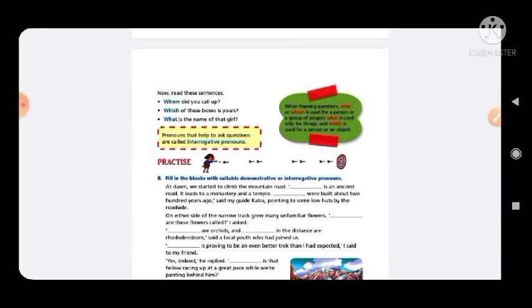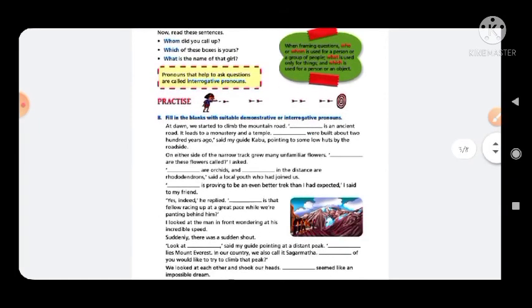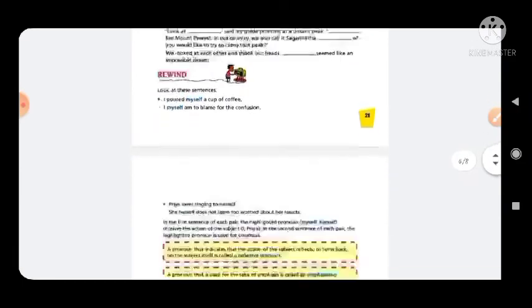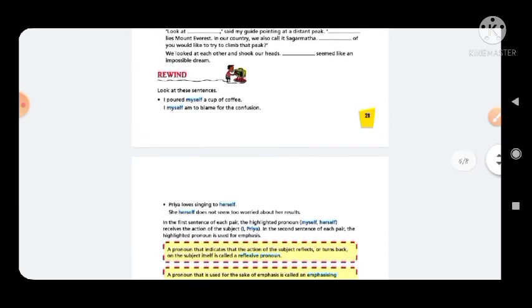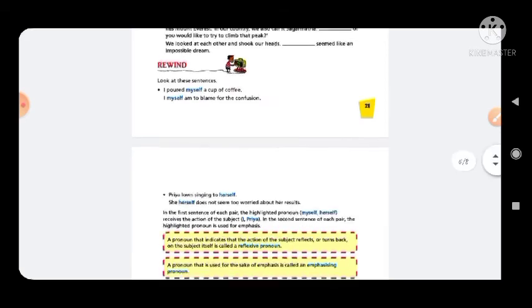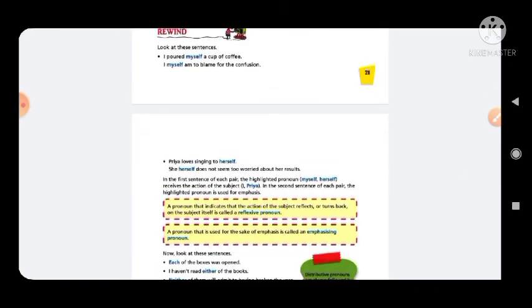There are many words used as interrogative pronouns, such as who, whom, which, whose, what, etc. These are words used before the helping verb or main verb. And after that you have to know the difference between the reflexive pronoun and emphasizing pronoun, and how you can identify them. I told you in an easy way.